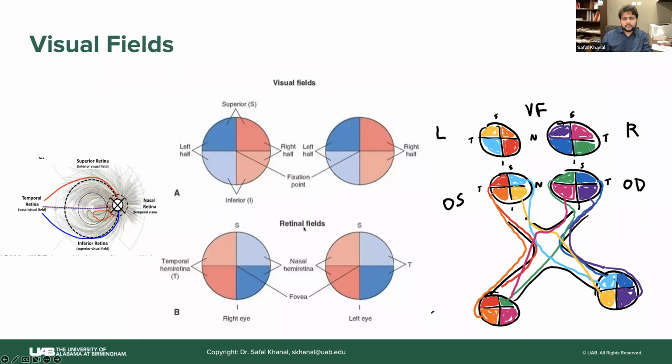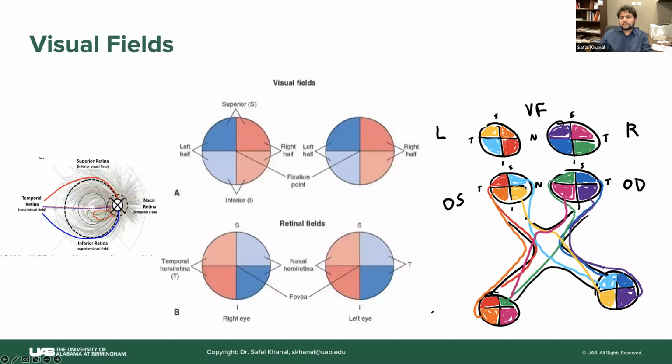These project to the opposite parts of the visual fields. For example, the superior temporal retina projects to the inferior nasal visual field, and then the superior nasal retina projects to the inferior temporal visual field. Now, remember that there is a decussation of the fibers at the optic chiasm.